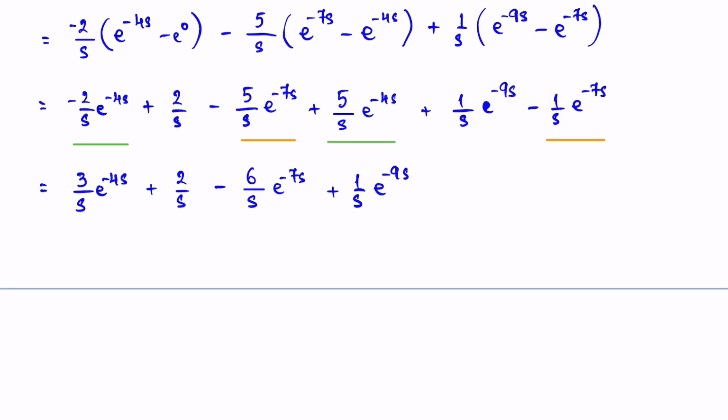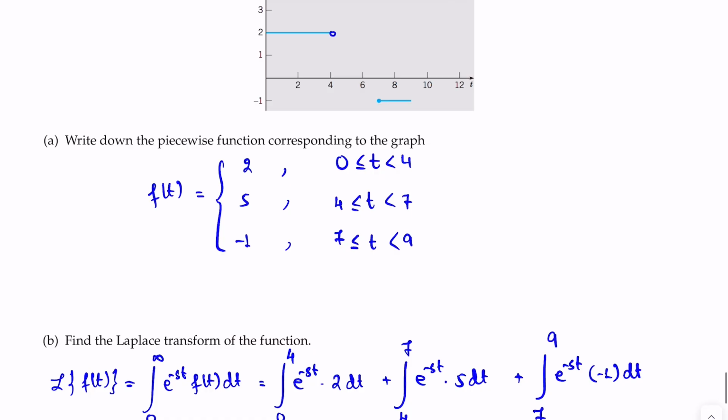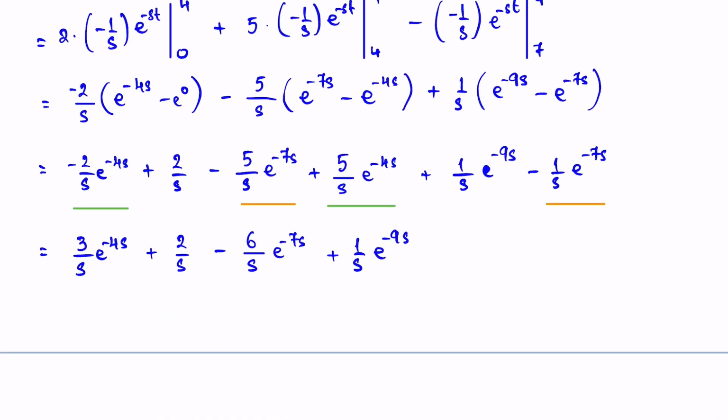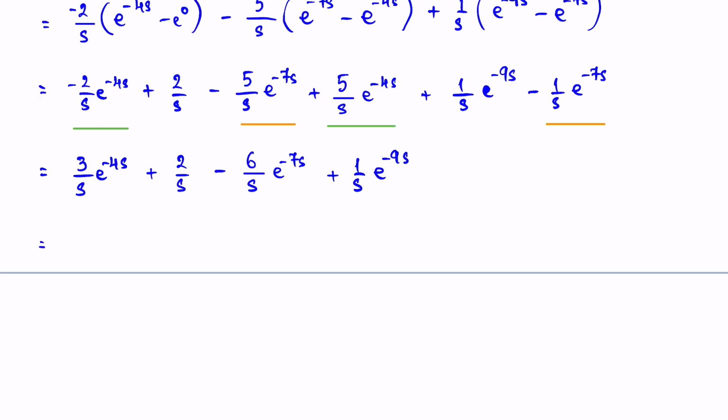Alright, so that is the information that you get from the signal that you receive. Let me rewrite the result one more time here. So you have 2 over s plus 3 over s times e to the negative 4s minus 6 over s times e to the negative 7s plus 1 over s times e to the negative 9s.